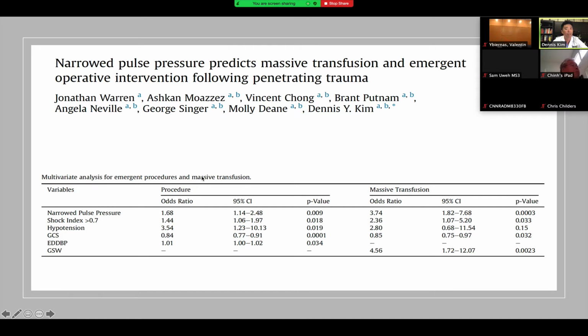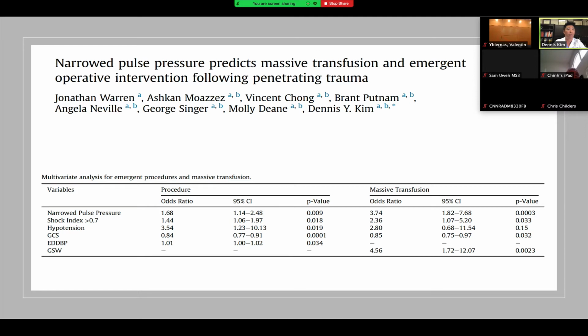The other value that we looked at, in addition to the utility of a narrowed pulse pressure in predicting the need for either an emergent operative procedure or a massive transfusion, was a shock index. And the shock index is another helpful triage tool that's actually been demonstrated in both large national database studies as well as single institutional retrospective studies and prospective observational studies to actually predict the need for emergent surgical interventions or transfusion.